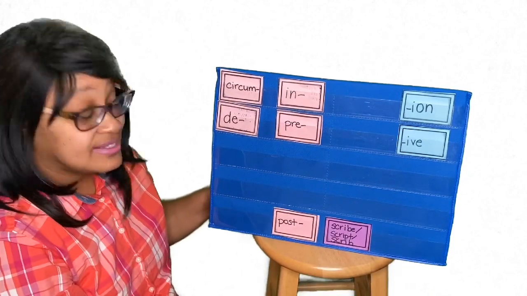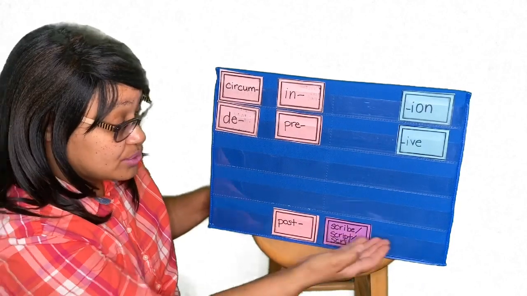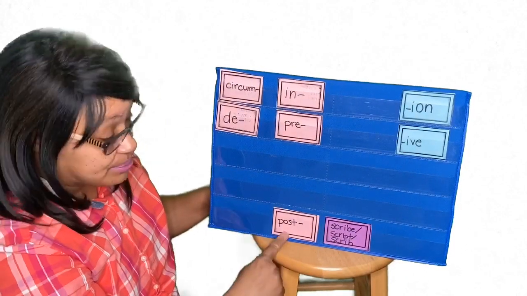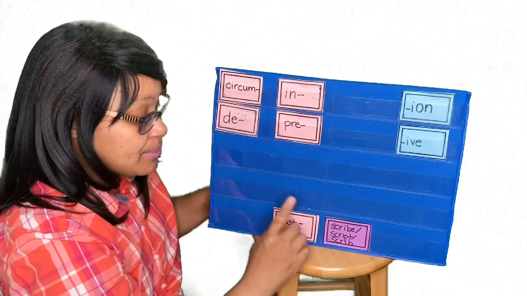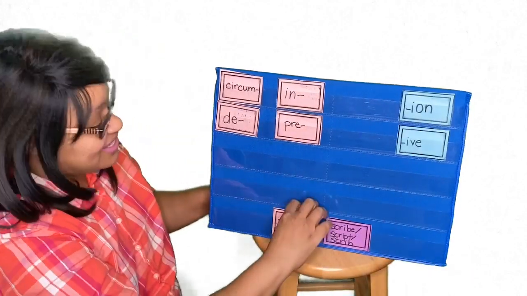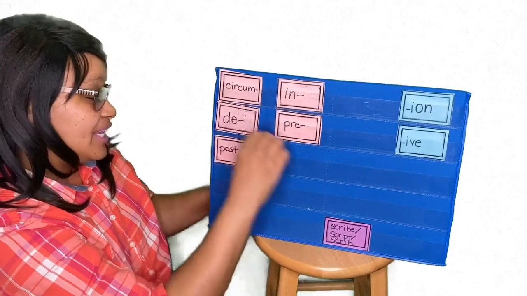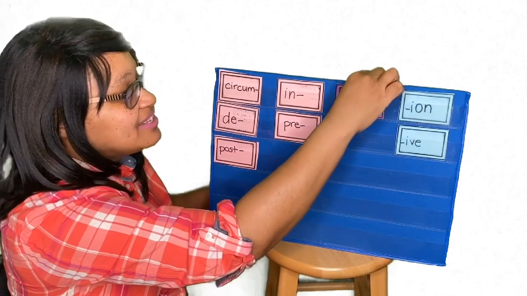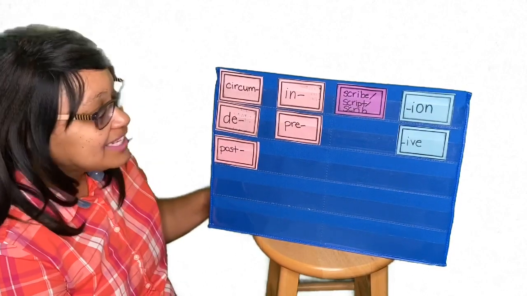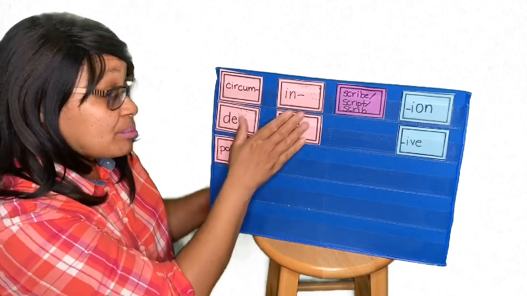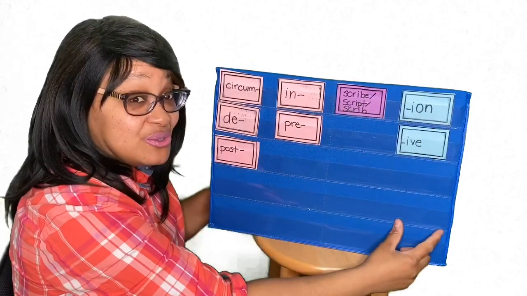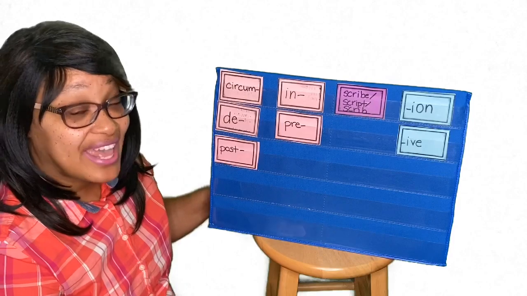So you'll see that some words will have a root and a suffix without a prefix, and some words will have a prefix and a root without a suffix. So the English language is a beautiful language because you can build words. You can express yourself in many different kinds of ways. The more prefixes you know, the more roots you know, and the more suffixes you know, the more you expand your vocabulary.